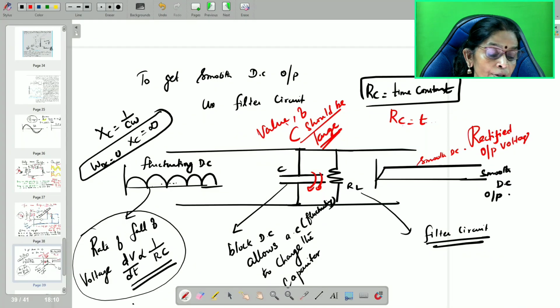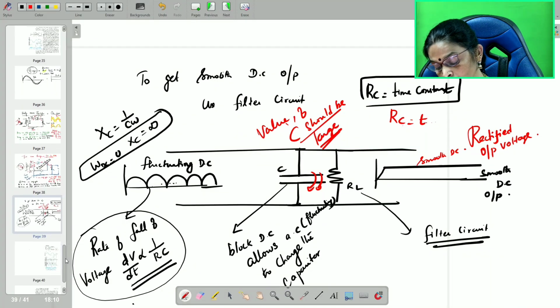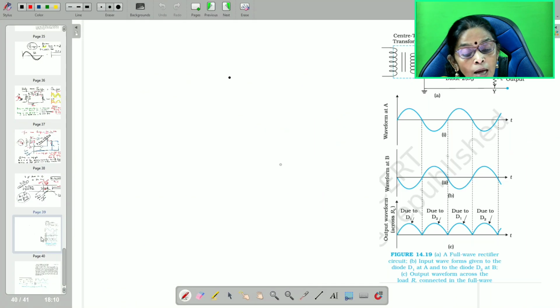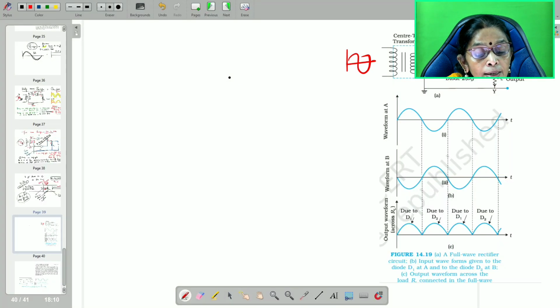So hope you understand, children, the applications of the PN junction diode, that is the half wave rectifier and full wave rectifier. I am just showing the NCERT book. Yes, this is a transformer. Here you have an input, a center tap transformer.